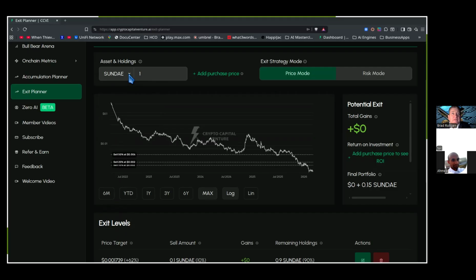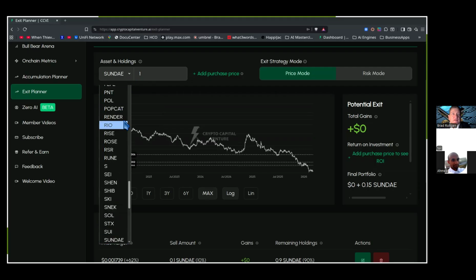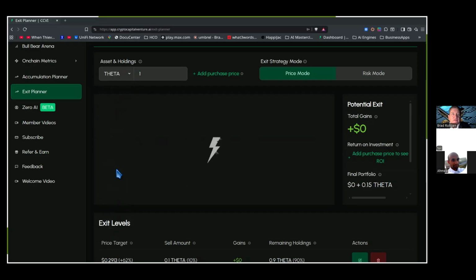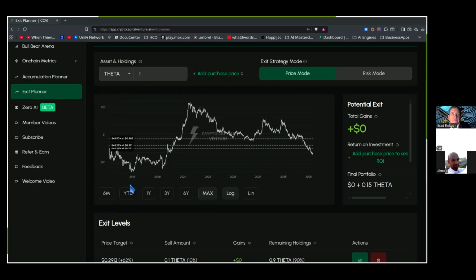Since it has been around so long, there should be plenty of data on it. That shows what the chart looks like. This is where we currently are, and it just keeps dropping.